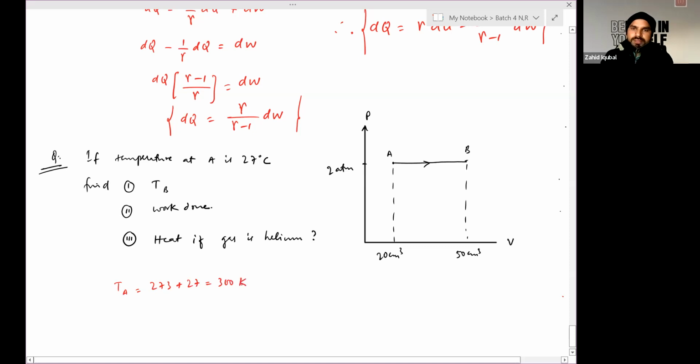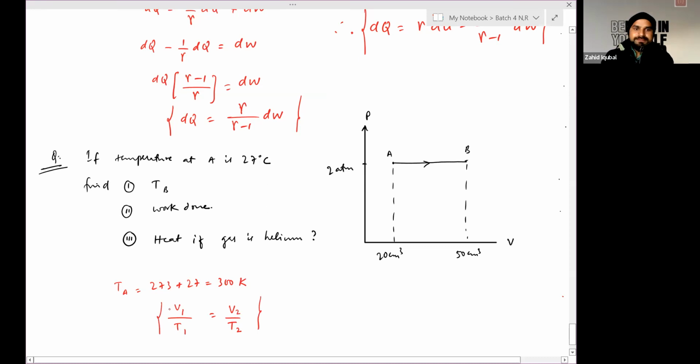We have to calculate the temperature at point B. Now this is an isobaric process, for which the equation of state is V1 divided by T1 equals V2 divided by T2, or VA divided by TA equals VB divided by TB. Putting all the values, you may find T2, the temperature at point B.